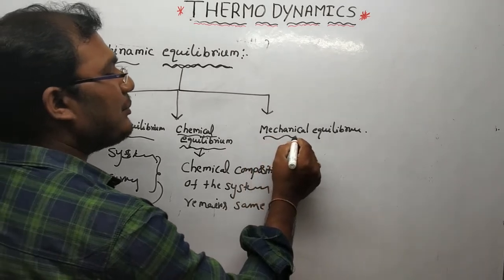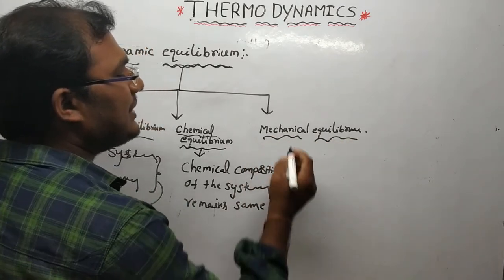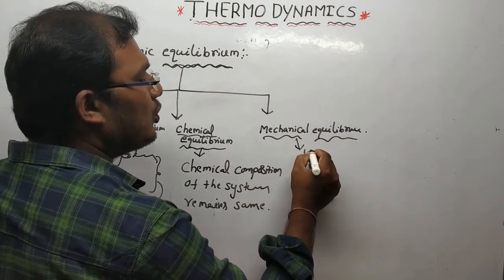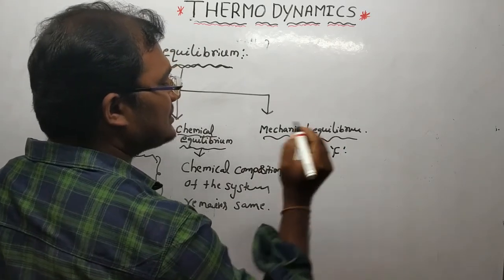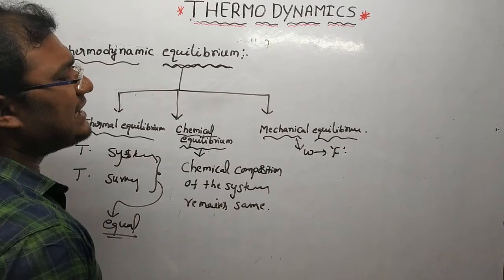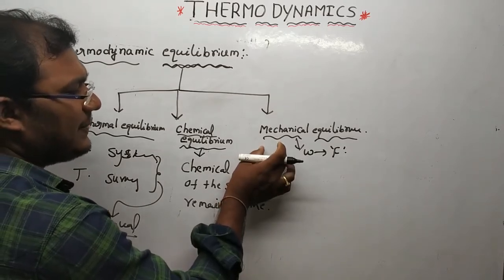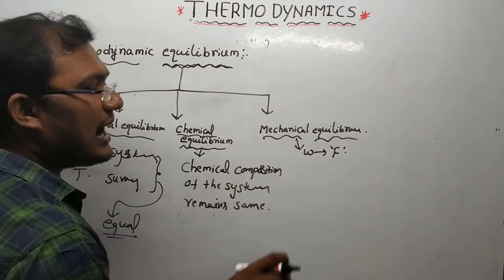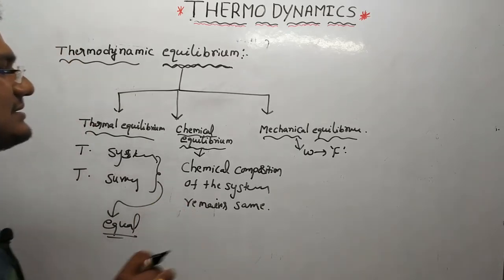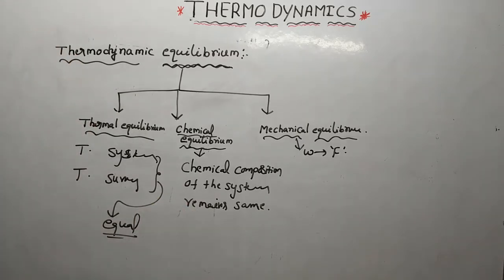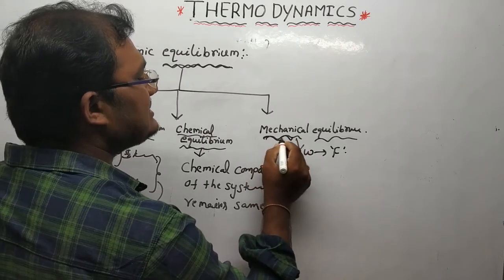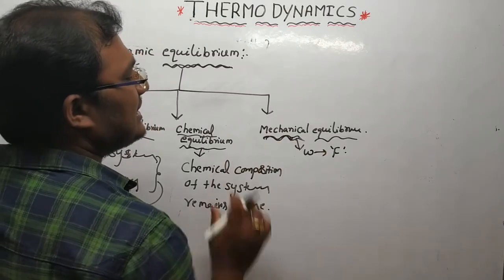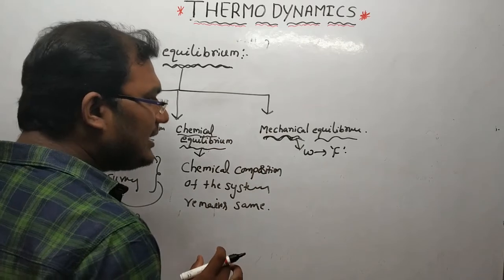Next one, mechanical equilibrium. Mechanical means work. Work means it involves some force. The equilibrium is said to be mechanical if there is no unbalanced force in the system or between the system and surroundings, then we can say that the equilibrium is called mechanical equilibrium.